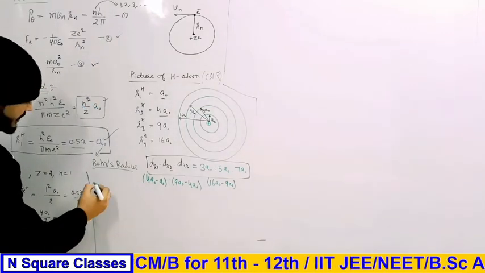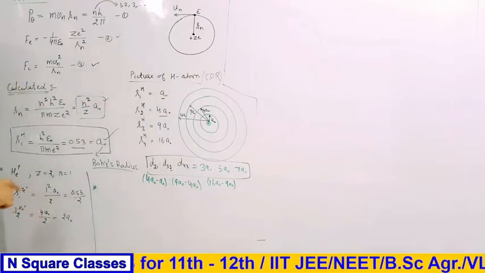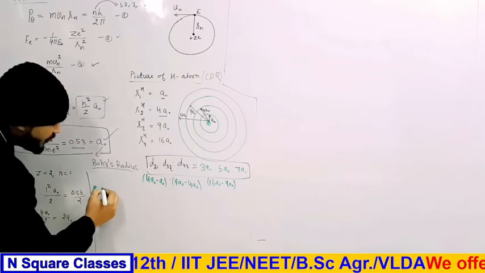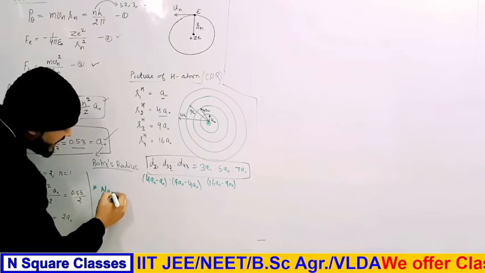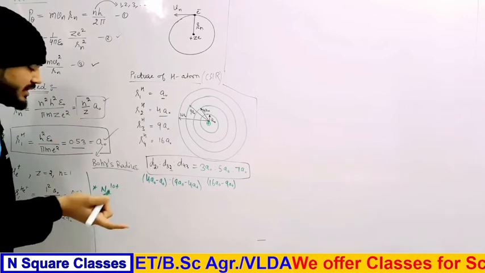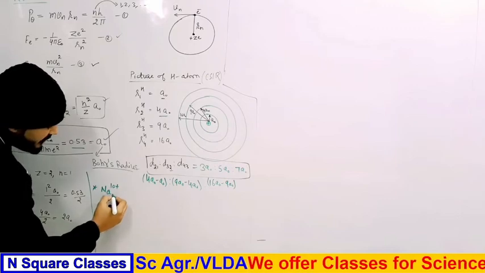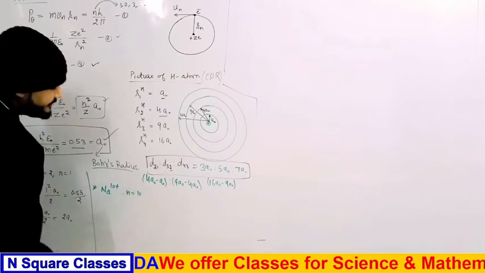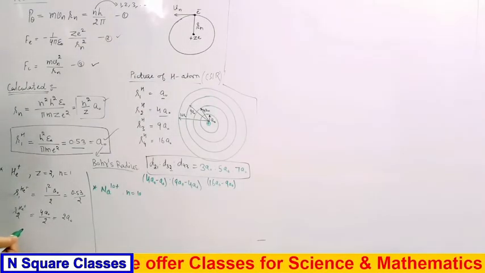So in this manner we can calculate further for more atoms. For example, if we want to calculate for sodium, we have to make the sodium hydrogen like. This sodium has 11 electrons, so we have to write Na 10 positive, that means 10 electrons are removed from it. Now this is hydrogen like, and we want to calculate for a higher orbit, say n equals to 9.